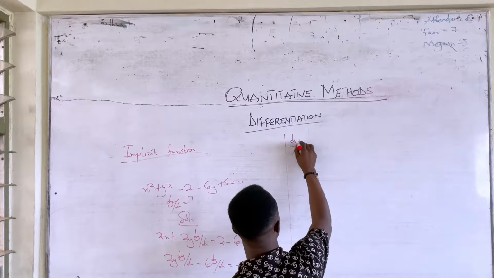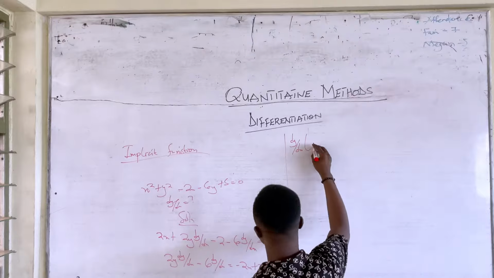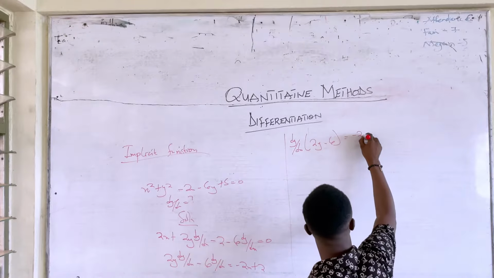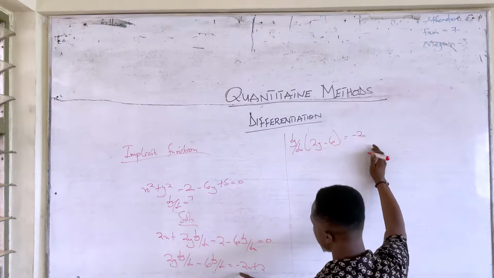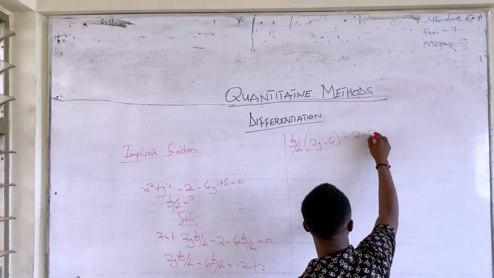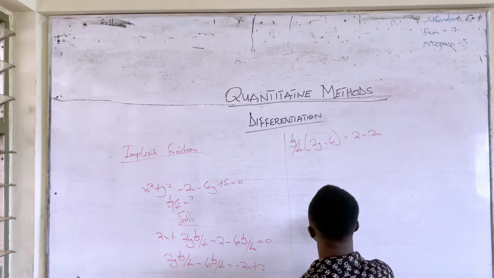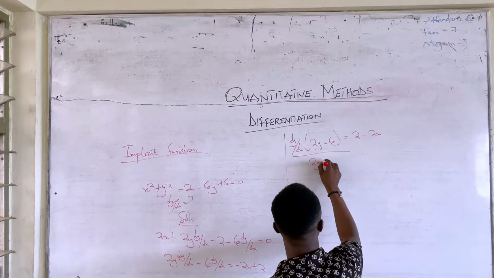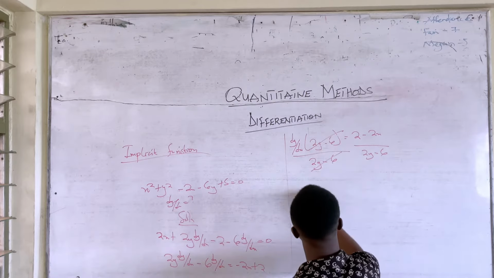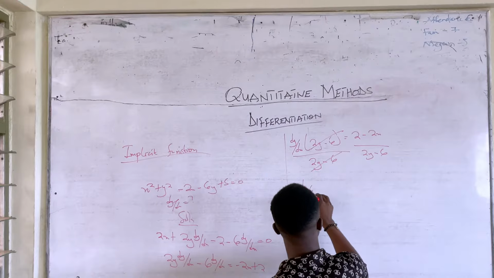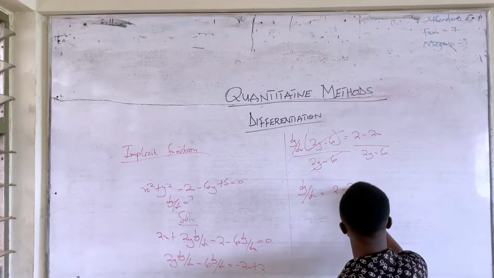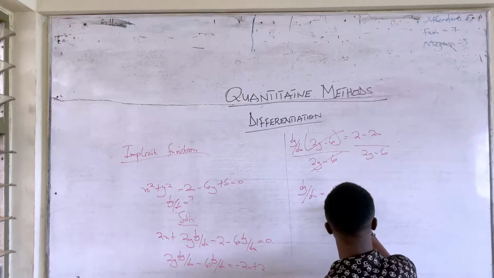So you have dy/dx into brackets 2y minus 6 equal to negative 2x plus 2, which you can rewrite as 2 minus 2x. So you divide by 2y minus 6, and this one cancels out. So dy/dx equals 2 minus 2x over 2y minus 6.